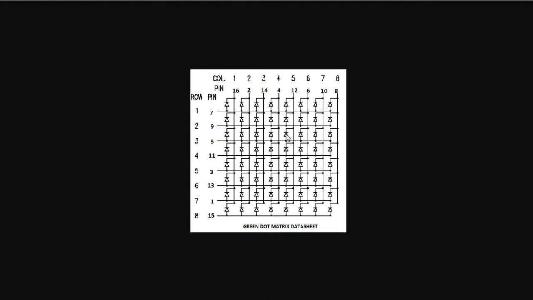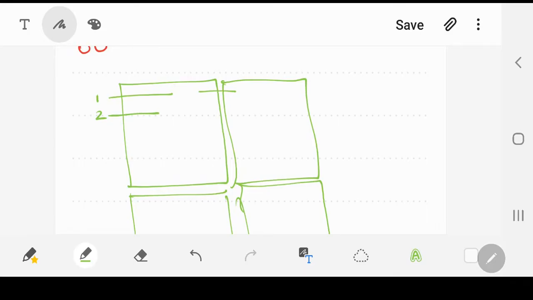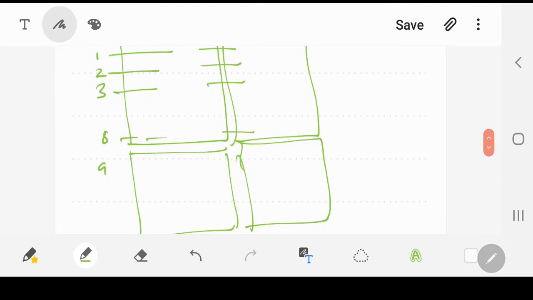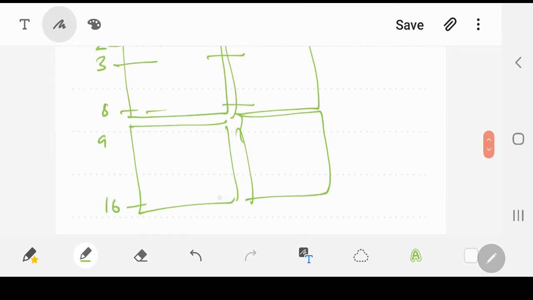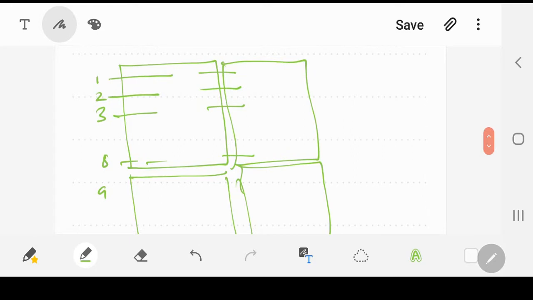The second transistor pair will be connected with the second row, which is pin number 9 over here, which you are seeing, and then it will be connected with this dot matrix. The third one similarly, 8 over here, and then from 9 up to the 16th one connected over here like this. So there will be 16 transistor pairs over here.